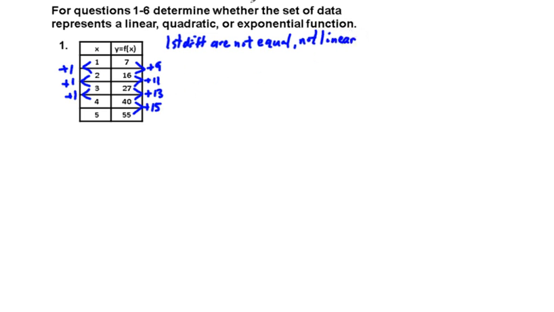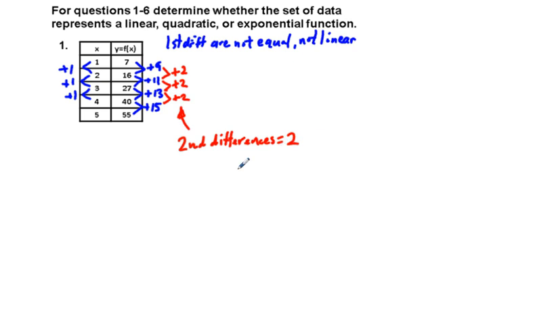Next, we're going to go to second differences. And if we do that, we have 11 minus 9, which is plus 2. We have 13 minus 11, which is plus 2. And we have 15 minus 13, which is plus 2. So we have, in this case, second differences are equal to 2.